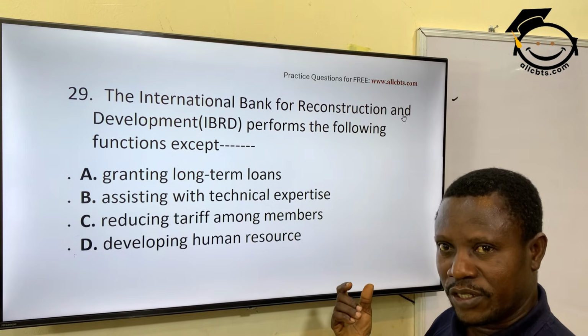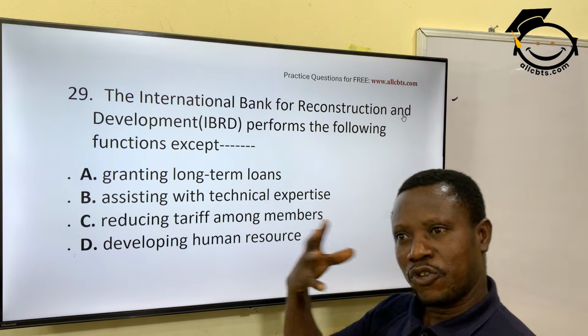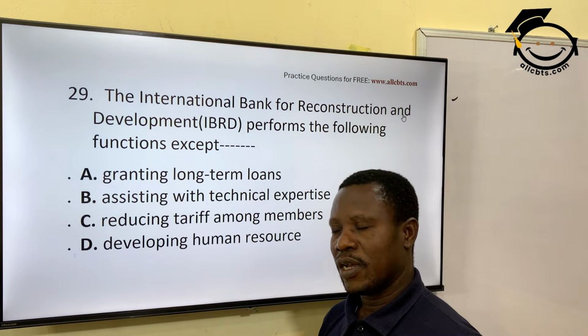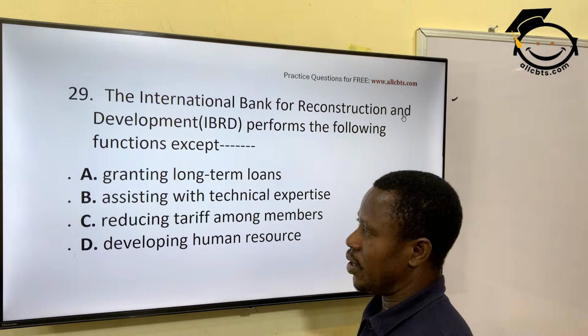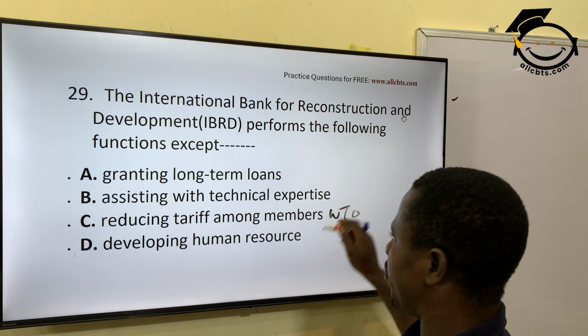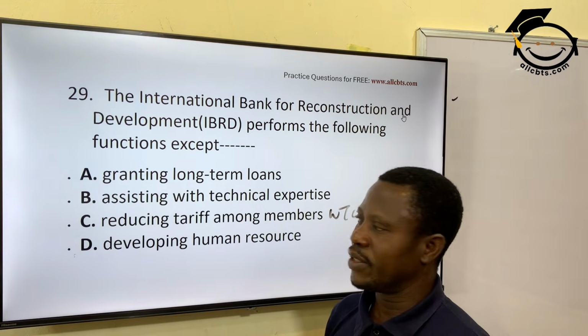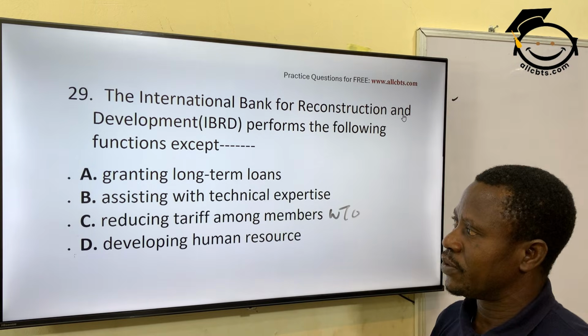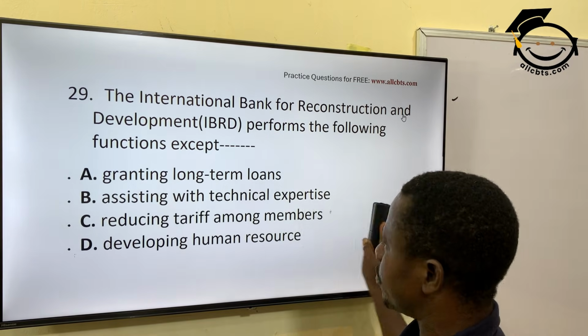There are so many projects targeted at human development by the World Bank, seminars, trainings, and what have you to equip laborers. But reducing tariff is particular to the WTO, World Trade Organization, not IBRD. So option C is the correct answer.